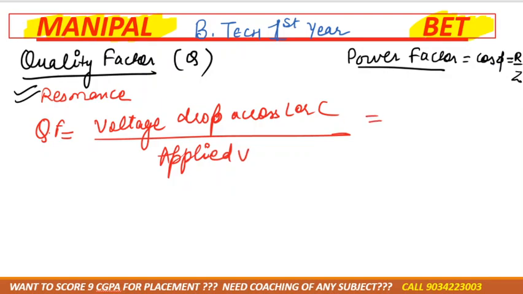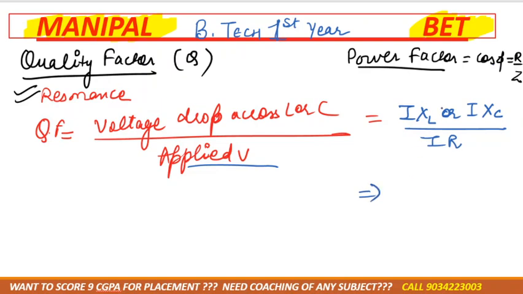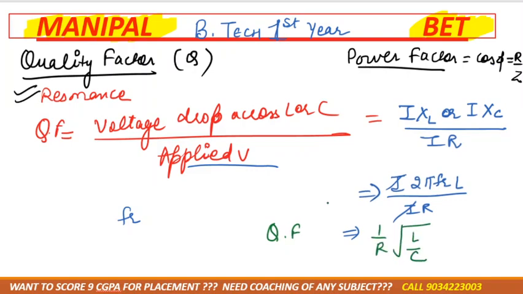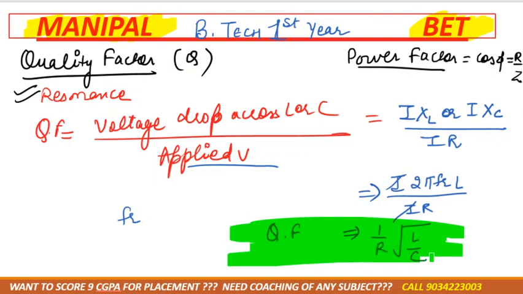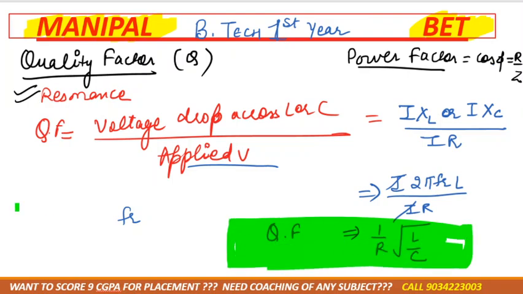The voltage drop across L or C is I into XL or I into XC, divided by the applied voltage, which is I into R. If I substitute XL as 2 pi FR L, since it is the resonant case I cancels. Then putting FR as 1 by 2 pi root LC, we get the final answer: the quality factor is 1 by R root L by C. You need to learn this formula from the numerical point of view. After this we'll do the numerical. First write down all the formulas.